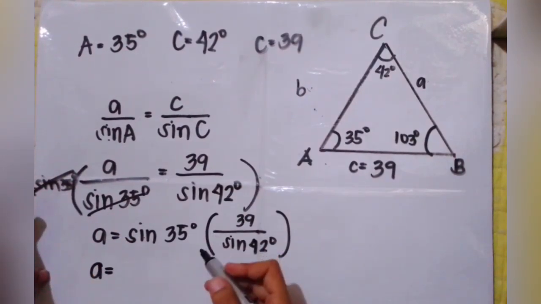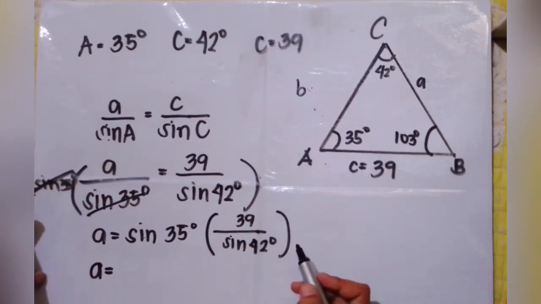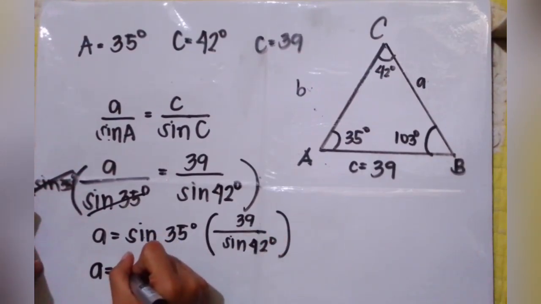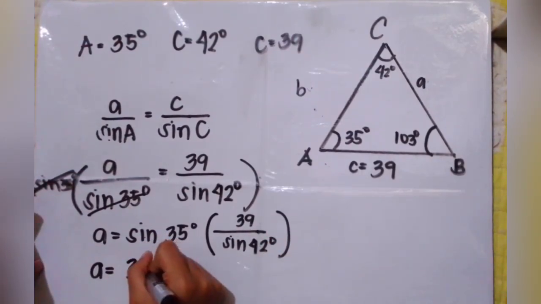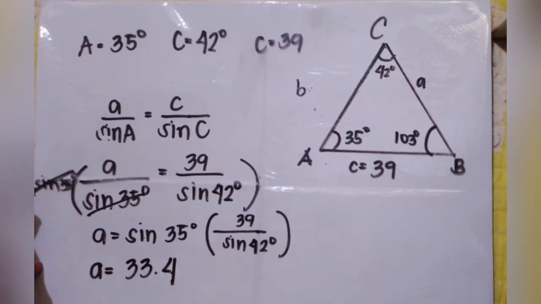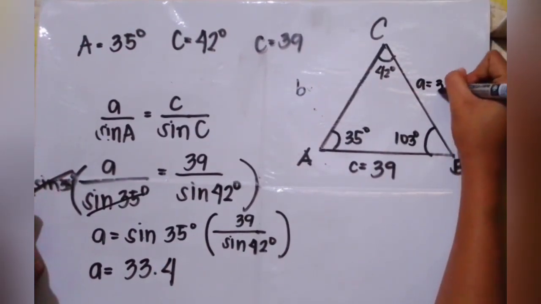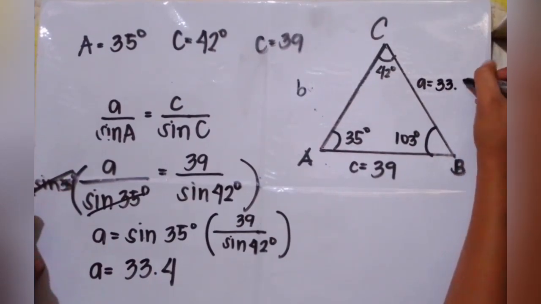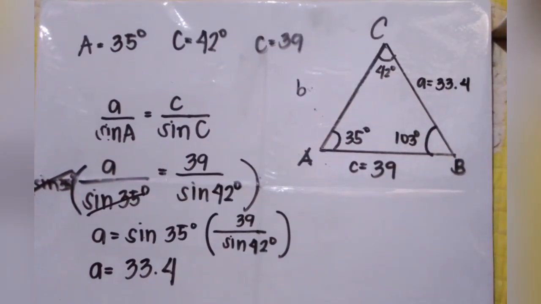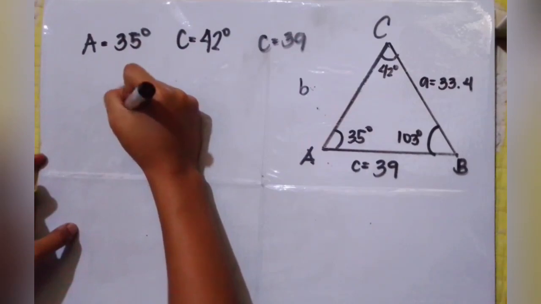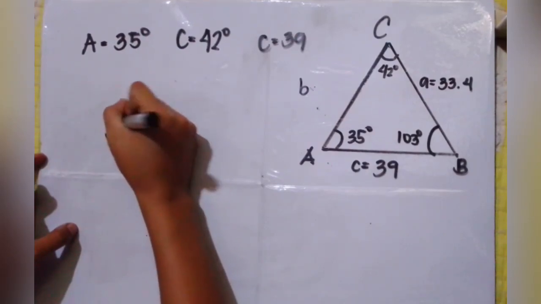Sine 35 degrees times 39 over sine 42 degrees is equal to 33.4. Therefore, our side A is equal to 33.4.